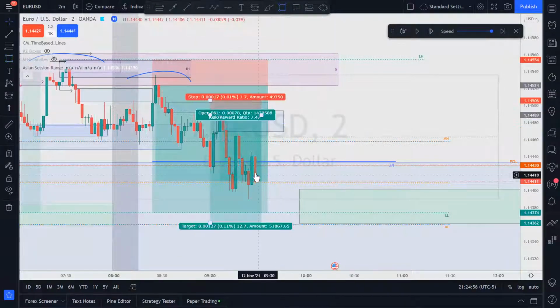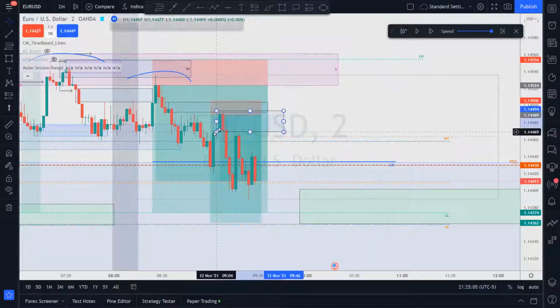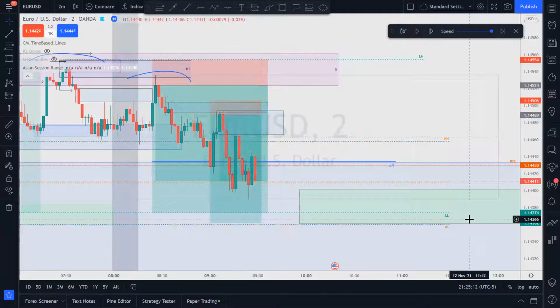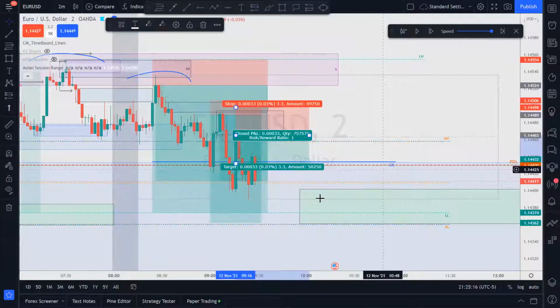Well, watch. You see how I would have marked this? See that little doji candle right there? I probably would have included that if I was going to take a third trade, but I wasn't looking for a third trade. I could have entered again right here.